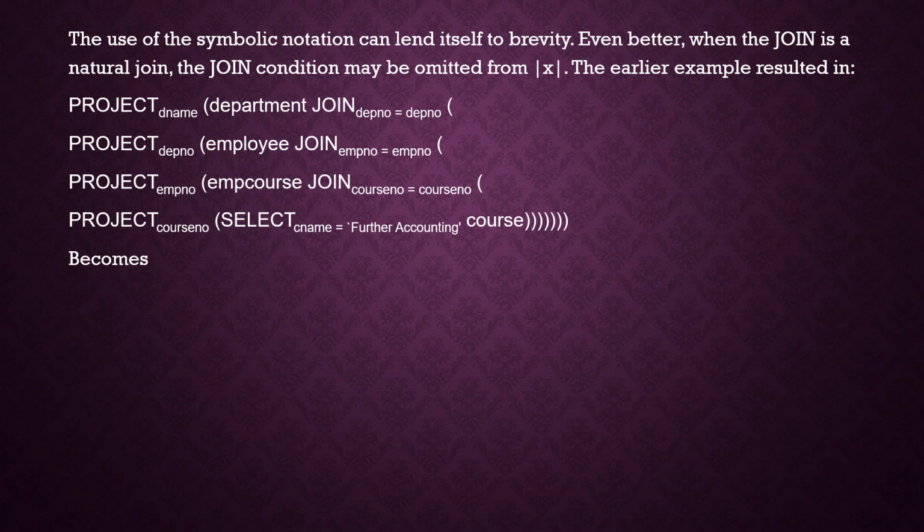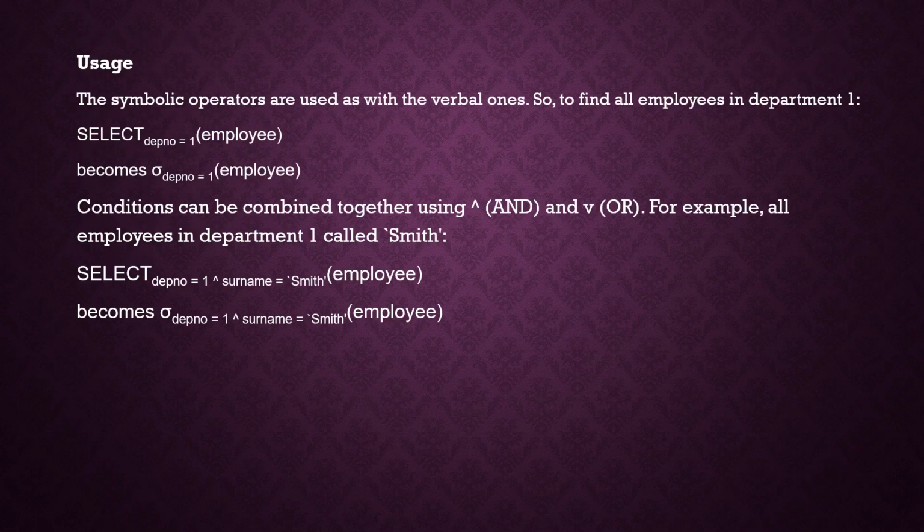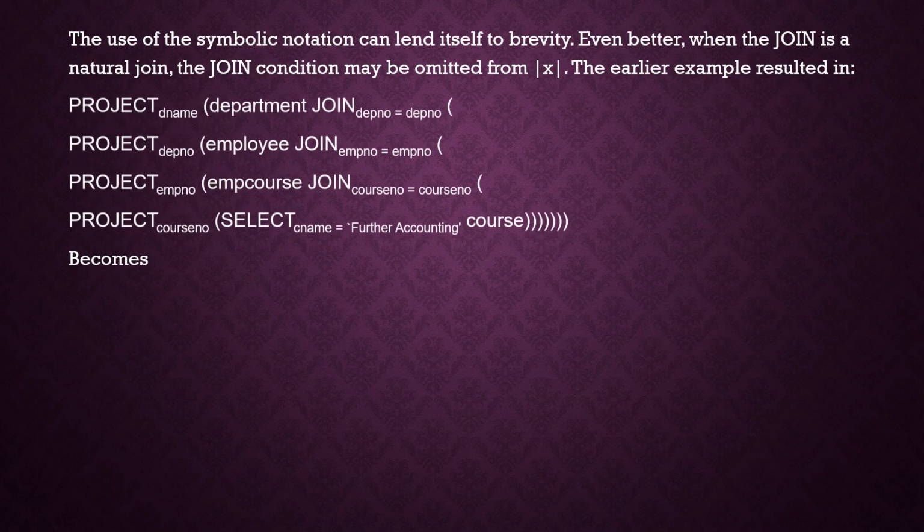What we did in the last slide was using the AND operation to display. But in this case, project D name, department, join. The join condition is department number equal to department number.